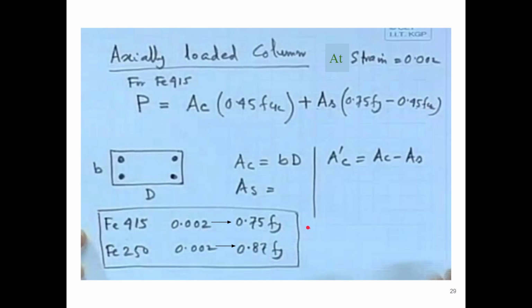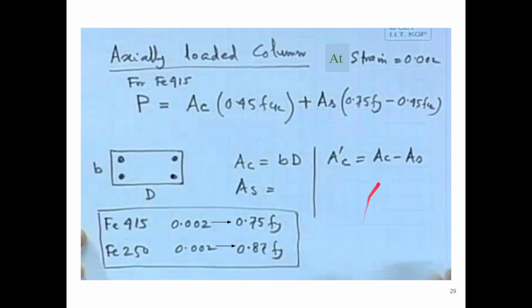That is underestimating the quality of the material and overestimating the amount of load that will be acting, right? So for Fe415 we take 0.75 fy at a strain of 0.002, the stress capacity. And for Fe250 we take it as 0.87 fy, which is normal, right, by dividing by 1.15.